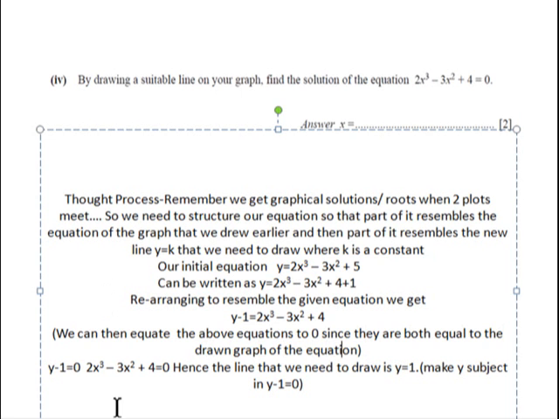Okay, if we equate both sides of the equation to 0, right, that we've already drawn, we're left with y minus 1 is equal to 0. Hence the line that we need to draw is y is equal to 1. That's if we make y the subject in y minus 1 is equal to 0.